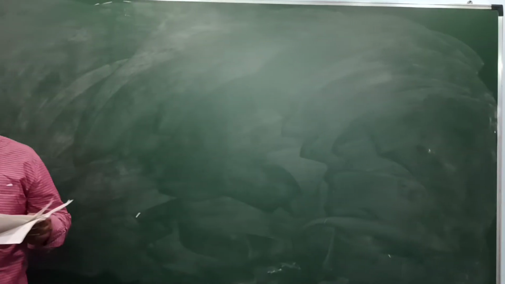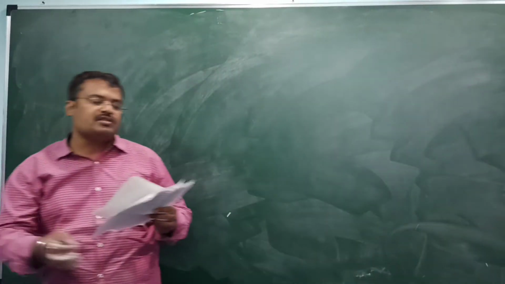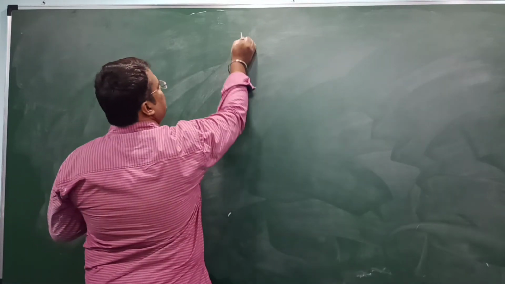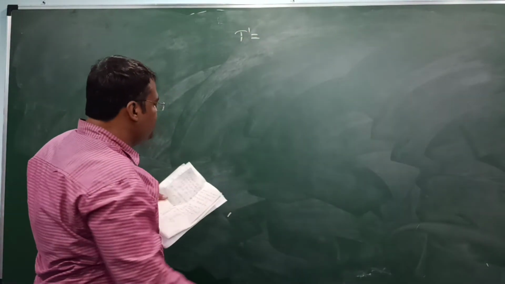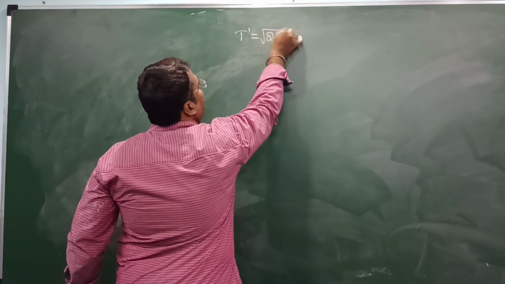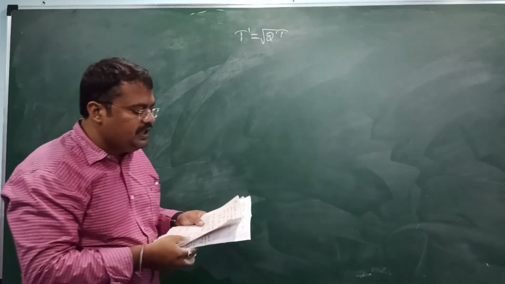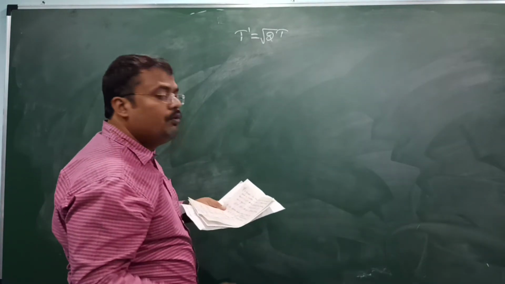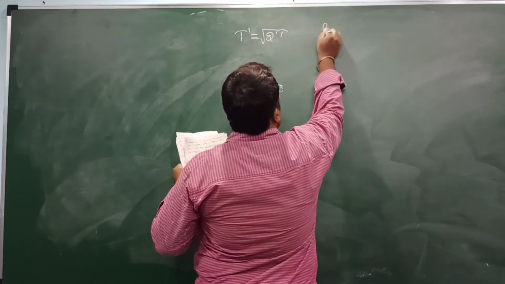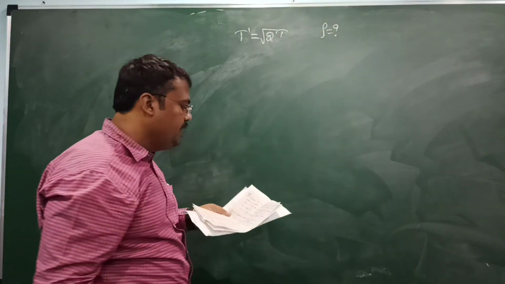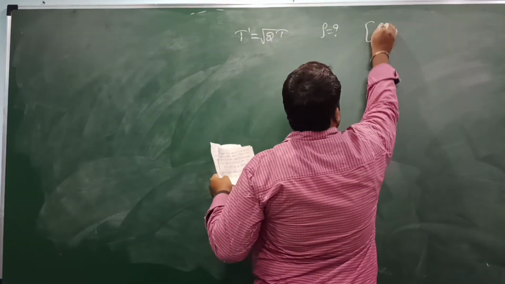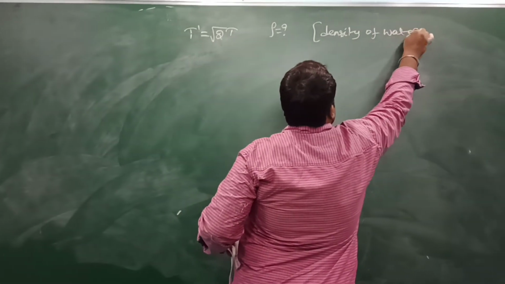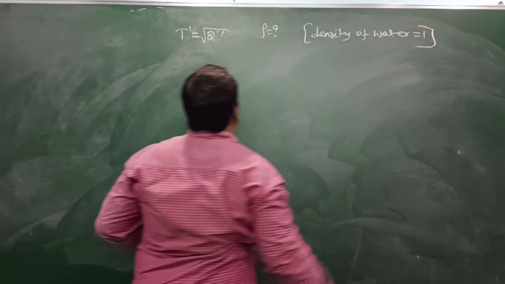When it is made to oscillate in water, it acquires a time period T dash equal to root 2 into T. We have to find the density of the pendulum bob, that means rho. To find this, the density of water is also given, which is equal to 1.